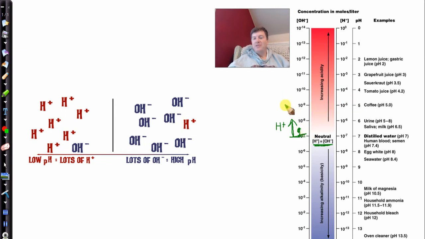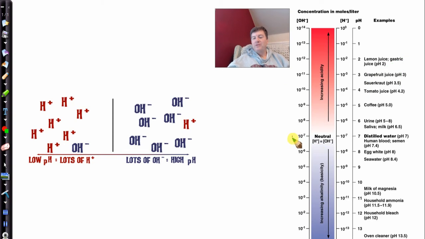As I move this direction more, I'm going to have even more hydrogen ions relative to hydroxide ions, and this is going to be a stronger acid. And if I'm way up here at the top, at a pH of, for example, 2 or 1, it's a very strong acid because I have a lot of hydrogen ions relative to the other ones. That would make this a strong acid.